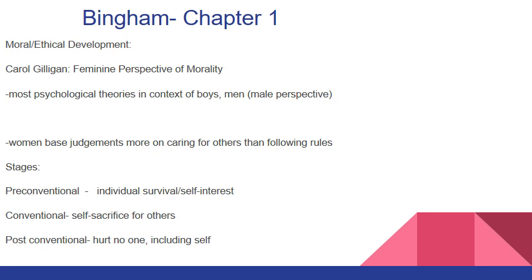She explained that there are 3 stages of moral development: pre-conventional, in which the individual focuses on survival and their own self-interest; conventional, where they start to self-sacrifice themselves to help others that they care about; and finally, post-conventional morality, which is the highest level of morality according to Gilligan, in which an individual chooses not to hurt anyone, including themselves.